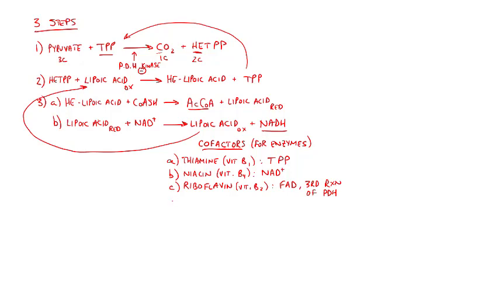And a final cofactor that is necessary for the pyruvate dehydrogenase complex is pantothenic acid. So pantothenic acid is a B vitamin. I don't remember which B vitamin it is, and I'm not going to make myself look stupid by trying to guess it. But this is what coenzyme A is made out of, partially. So coenzyme A is essentially an adenine nucleotide with a pantothenic acid arm on it.